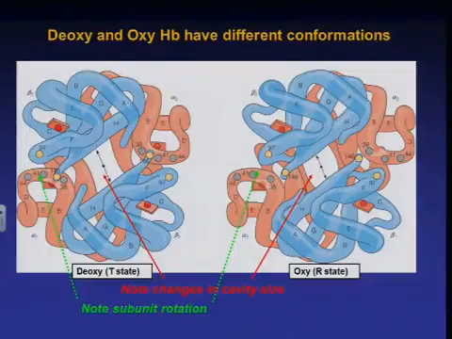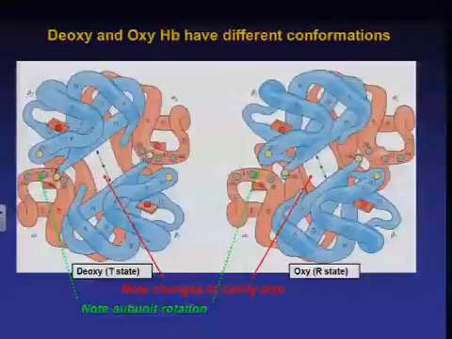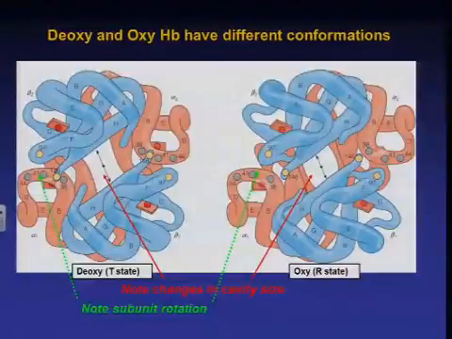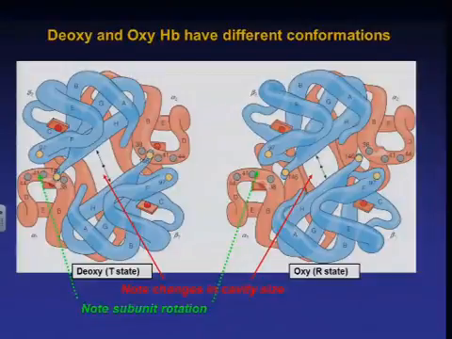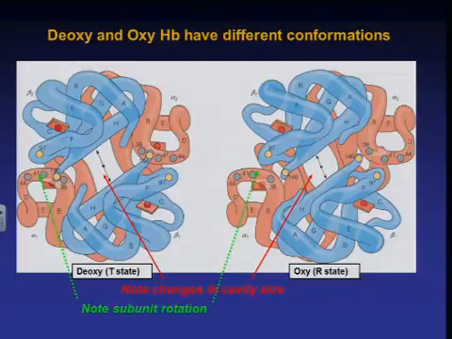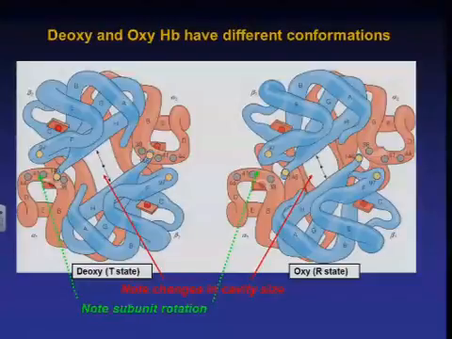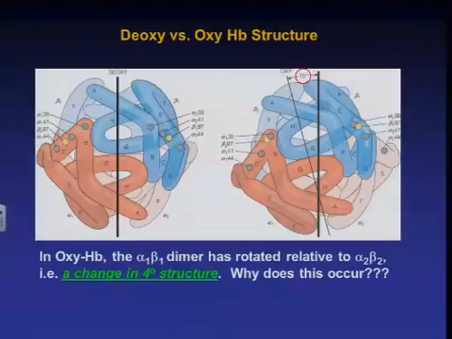Okay? And that's why we're going to see cooperative binding. We'll go back over this, but just think about deoxy in one quaternary, binding of one oxygen triggers this transition, and then when it's in this state, it's in a much better state to bind more oxygen molecules. All right? The basis of cooperativity, we will come back to look in greater detail.